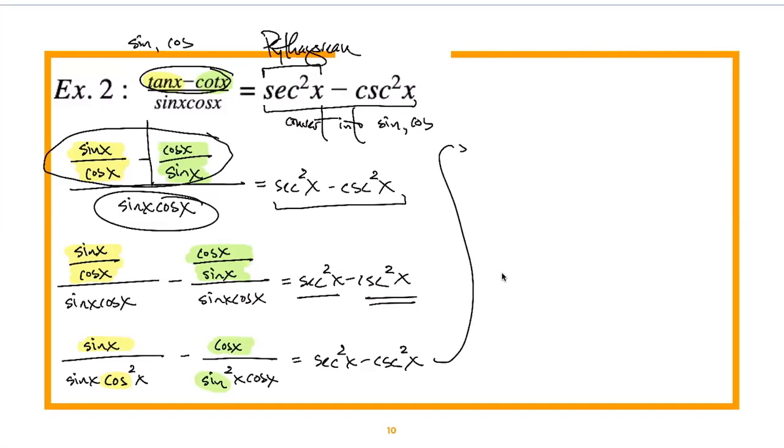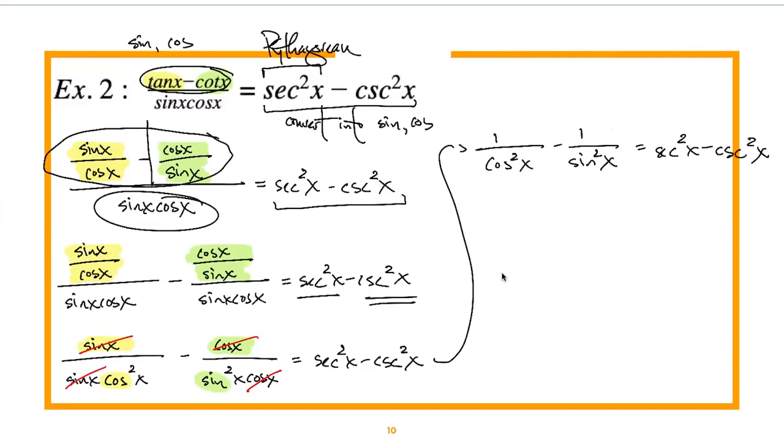Now, from here, reduce, and look what we get. 1 over cosine squared minus 1 over sine squared equals, we hope, secant squared minus cosecant squared.